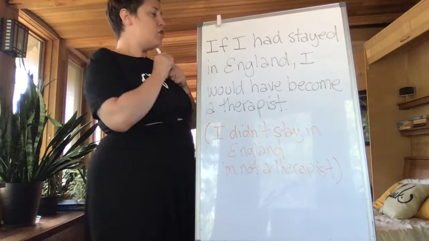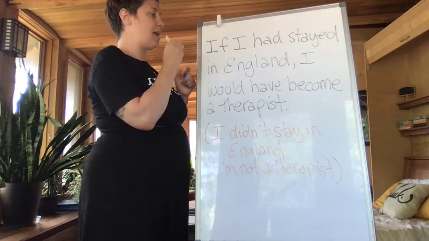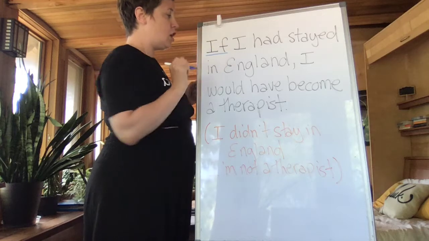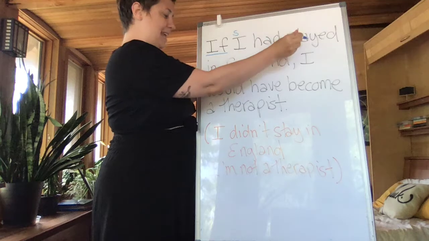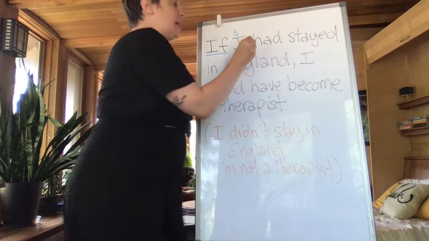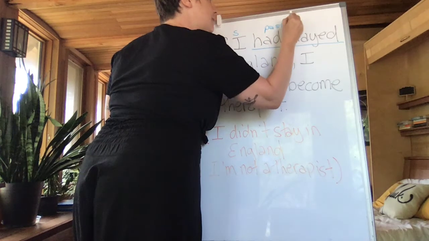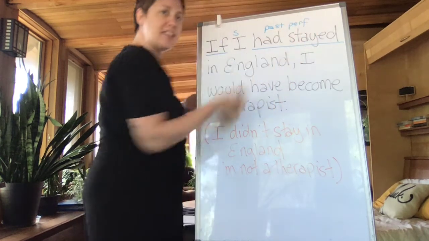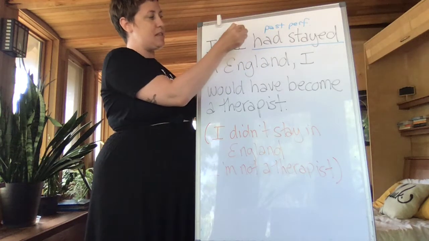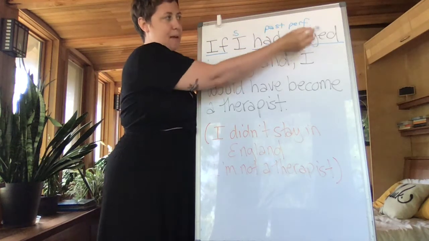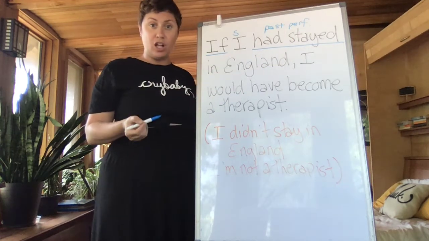Okay. So first, let's look at the if clause or the dependent clause. So we have if, and then we have our subject here. So if I had stayed in England, here you will recognize this as being the past perfect. If I had stayed. So we have the subject plus had plus the past participle. So if I had stayed in England, this is my dependent clause.